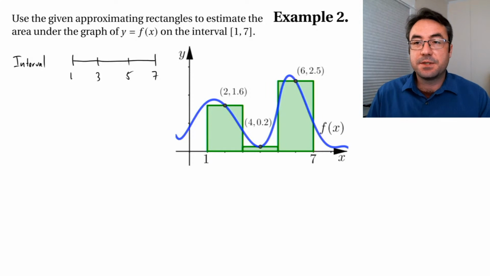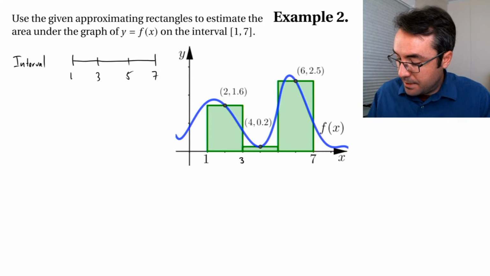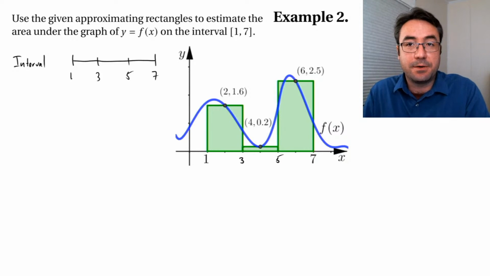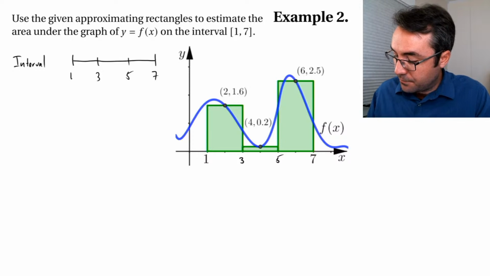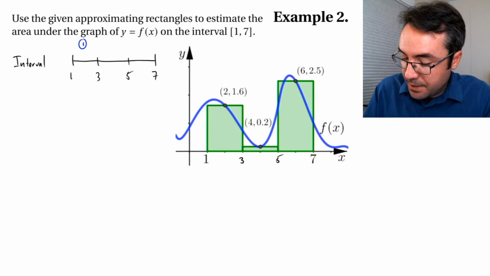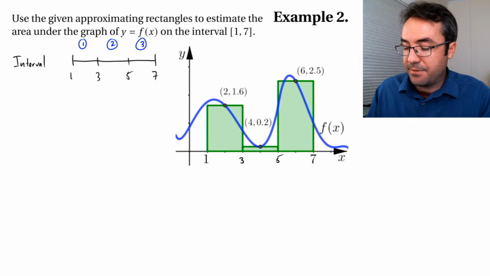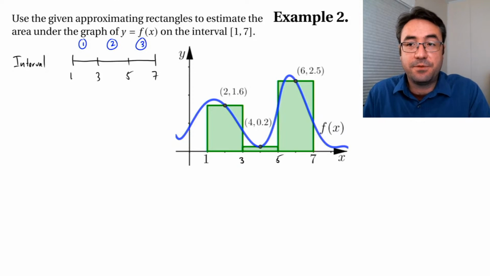That means we're going to make a slice at 3 and then at 5. So 2 slices to get our subintervals. We have our first subinterval from 1 to 3, our second from 3 to 5, and our third from 5 to 7.